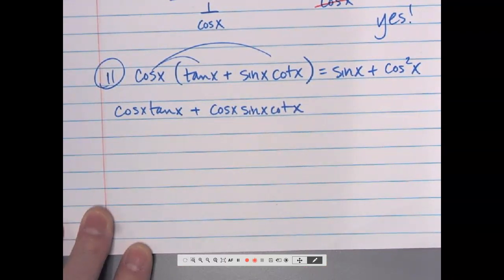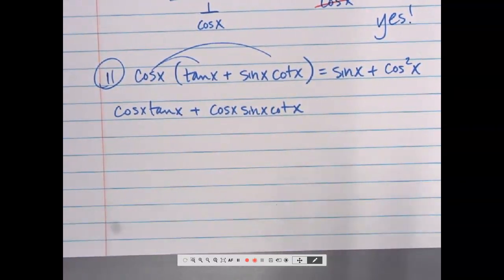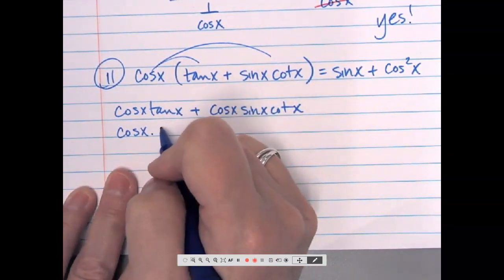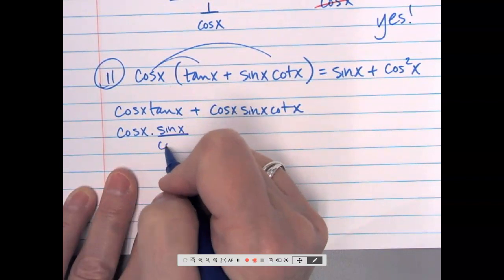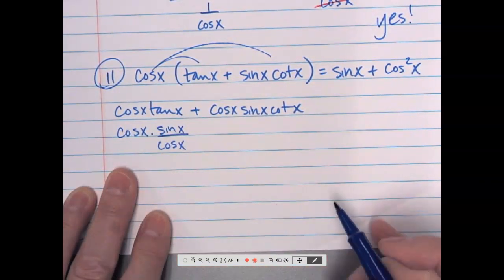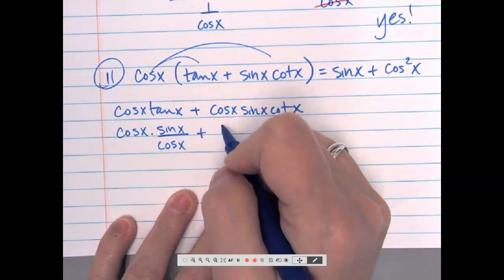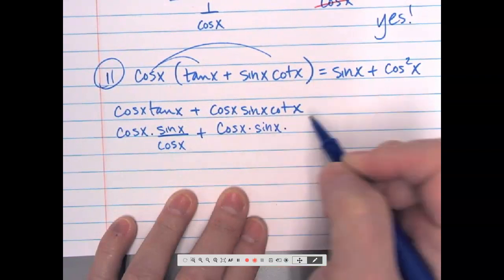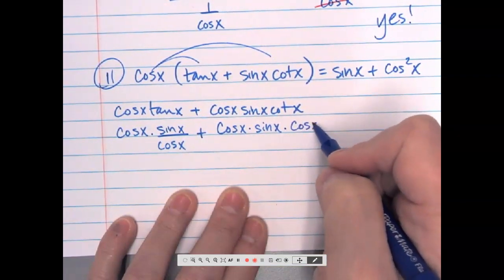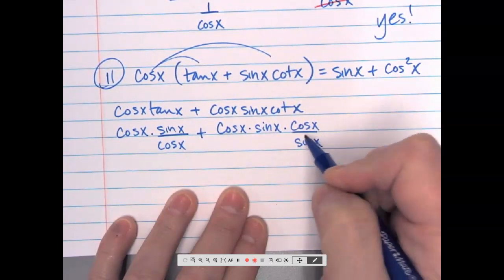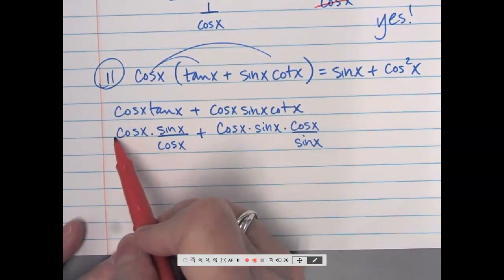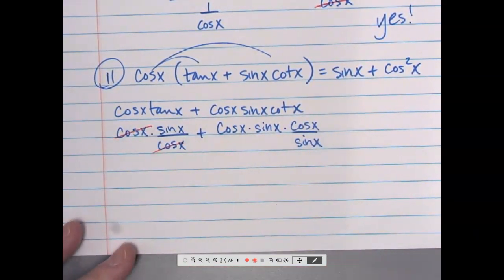Okay, I think what I would try next is changing things to sine and cosine. Leave the sine and cosines. So this will stay cosine, but I'm going to change tangent to sine over cosine. Plus, leave cosine, leave sine, but change cotangent to cosine over sine. Okay, so right here I see a common factor top to bottom.